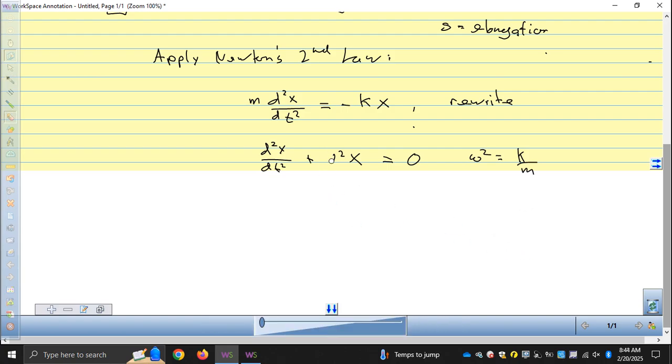So this differential equation, when we're talking about a spring mass system, describes what we call simple harmonic motion.